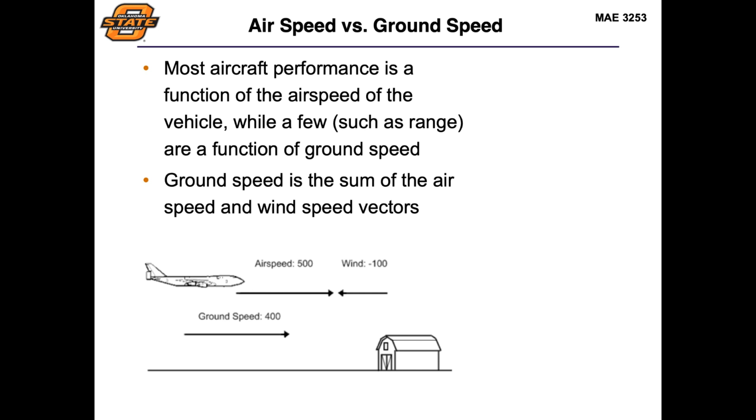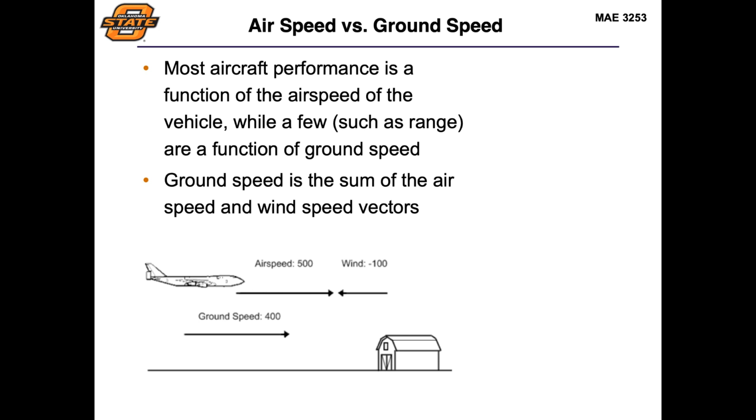Very simple example of this would be your aircraft has a speed of 500 knots. Your wind is moving with a 100-knot headwind. That means it's coming towards you, so thus your ground speed is going to be equal to 400 knots. So that's going to be the velocity that an observer would see you traveling as they're observing you from the ground.